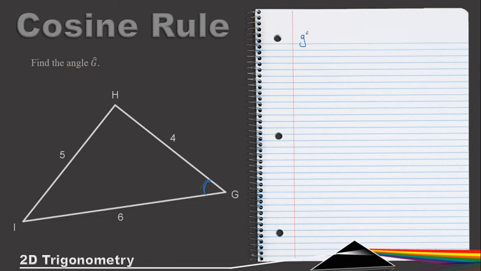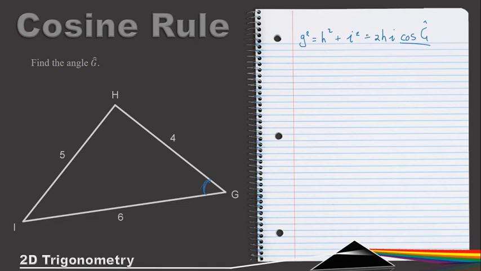So g squared is equal to h squared plus i squared minus 2hi cos of G. Now, in terms of the other variables, I'm going to solve for cos G.